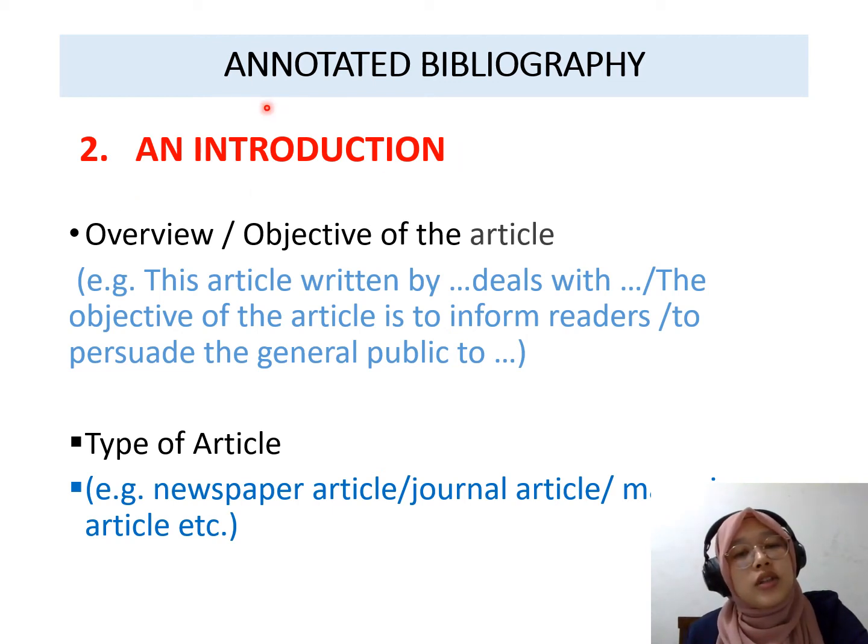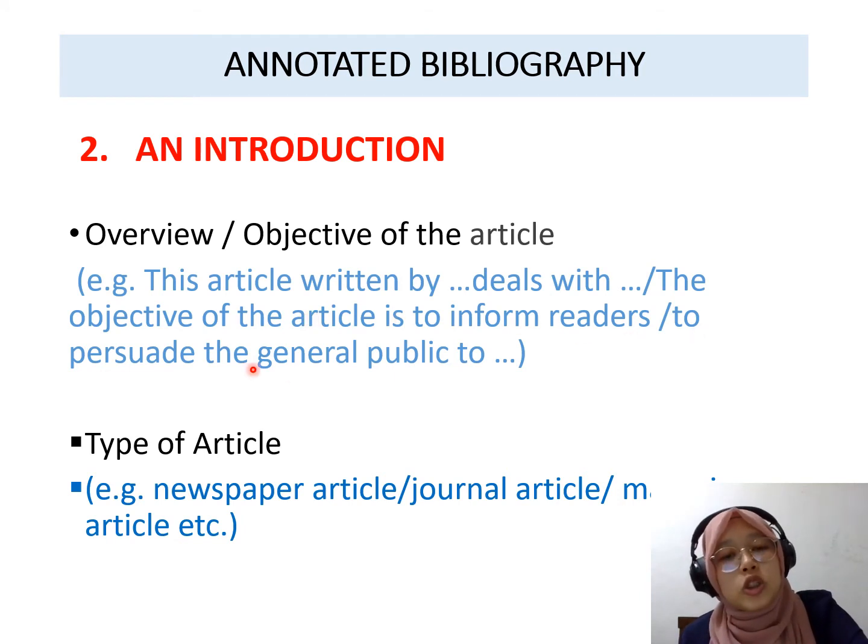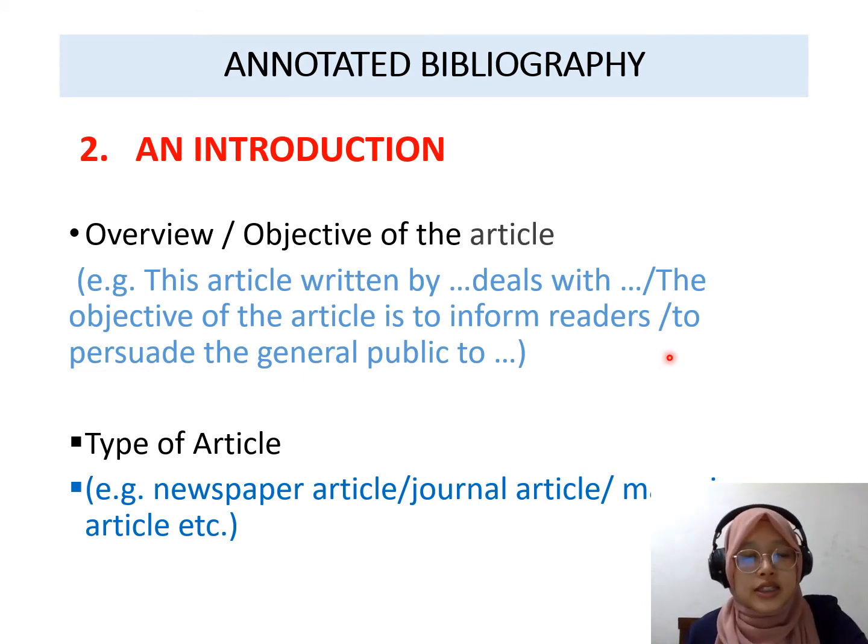When you write the annotated bibliography, in the introduction you can mention that this article written by, you can put the name of the author, deals with, and then you can have the main idea here, or what the topic is about. Or you can say the objective of the article is to inform readers or to persuade the general public to do something. So there will be some examples of how you start.